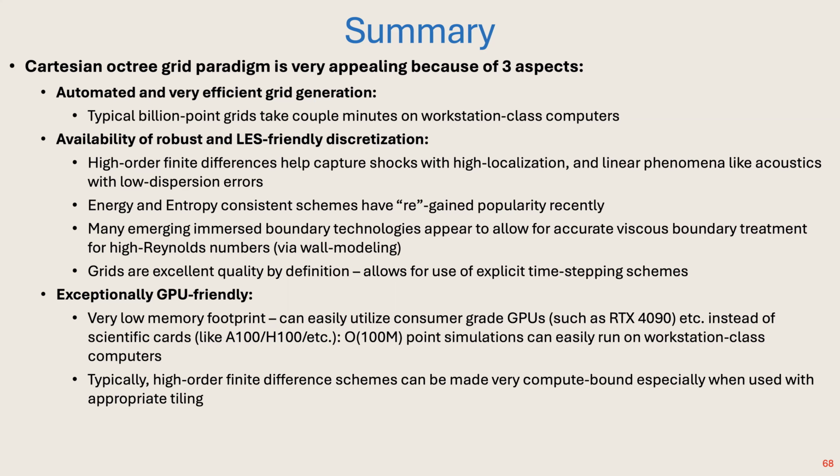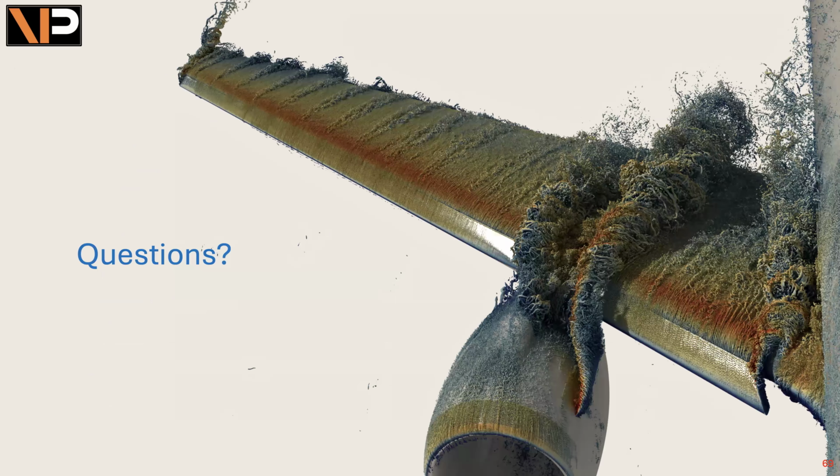It doesn't mean we cannot run those, but you pay less hardware money if you run on the RTX or L40. With that, I want to conclude. I apologize, it took a little longer than I thought, but I'm happy to answer any questions, if we have time for some.